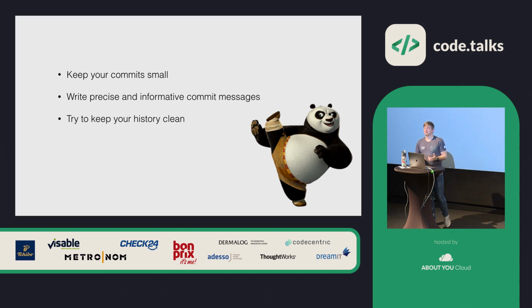And try to keep your history clean, right? Please remove the fixed typo, forgot to add file, forgot to add another file commits from your history before you push it to the central repository. So clean up after yourself.